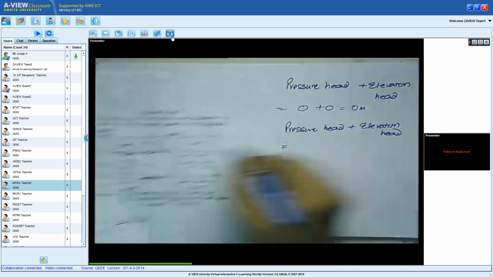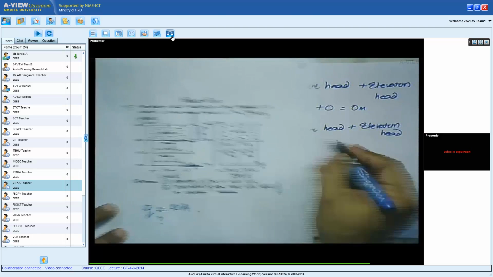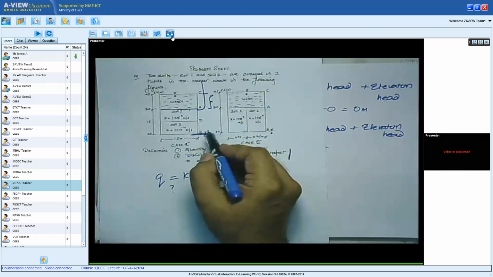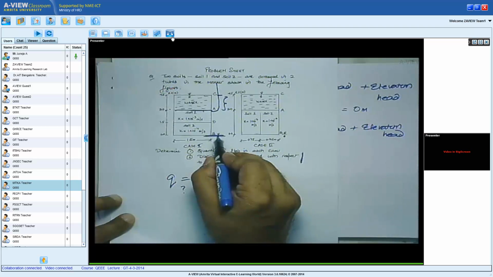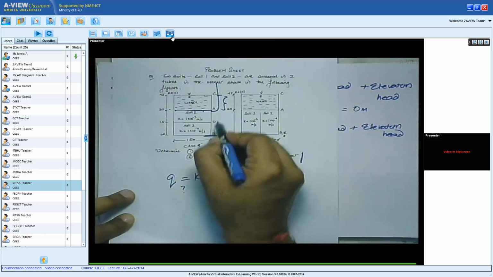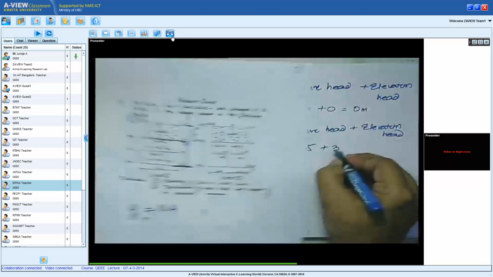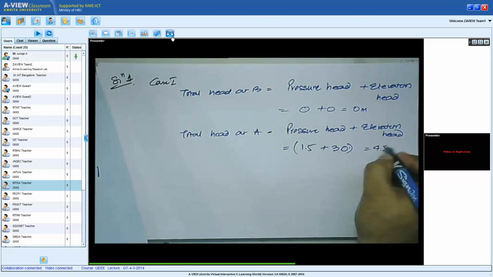Pressure head, we said, is the water level in the standpipe, 1.5 meter. What is the elevation head? Remember, the datum has to be the same for the problem. So datum was at B. Elevation head is from here to there. The total distance is 1.5 plus 1.5, it's 3 meters. It gives me a total level of 4.5 meters.